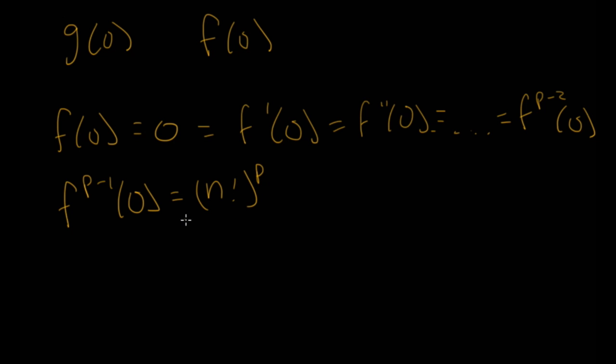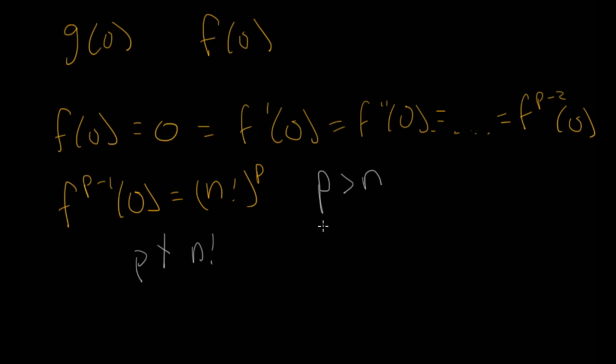And if you look at the definition of the function that I gave, this makes a lot of intuitive sense. So we can say that since p is greater than n, that's how we defined it, p does not divide n factorial. Because since p is greater than n, it can't possibly divide.